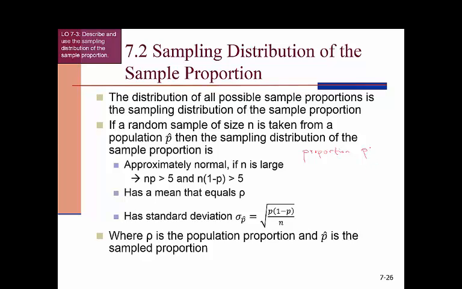Those are proportions. When we talk about it in terms of the population, it is just P. But for the sample, it is P hat.